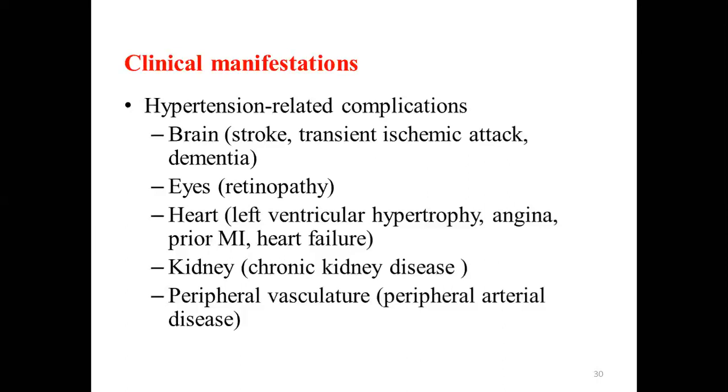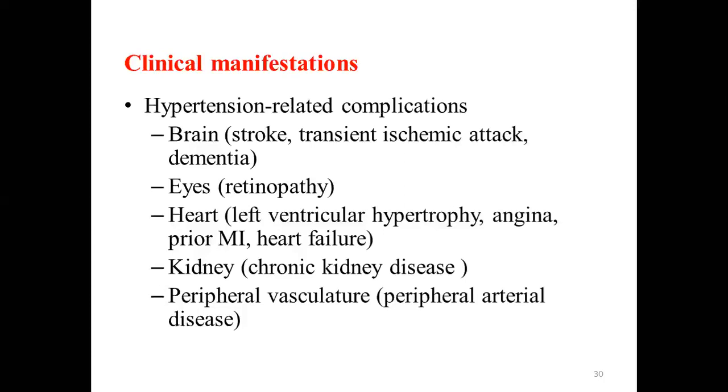Then transient ischemic attack, it is a type of stroke, but the duration is less than 24 hours. Okay, then retinopathy, they can even develop visual problems. They can say, my vision is blurred, so I cannot see properly. Then maybe they develop heart problems, maybe heart failure, angina pectoris, even myocardial infarction.